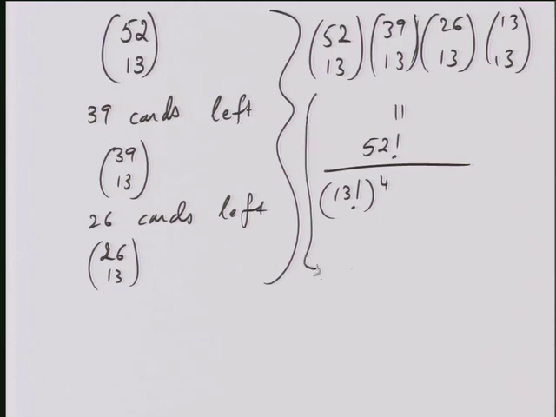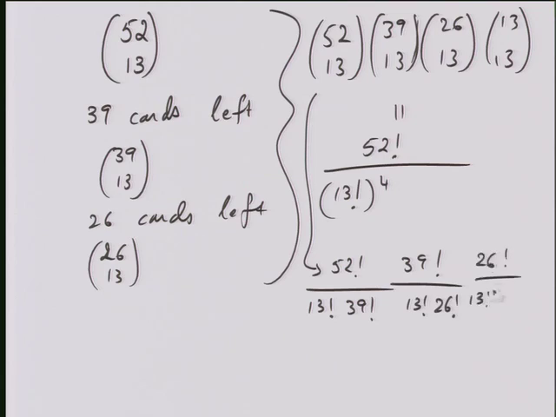This is 52 factorial over 13 factorial times 52 minus 13, which is 39 factorial, times 39 factorial divided by 13 factorial times 26 factorial, times 26 factorial divided by 13 factorial times 13 factorial, times 13 factorial over 13 factorial times 0 factorial. So you have to say that 0 factorial equals 1.